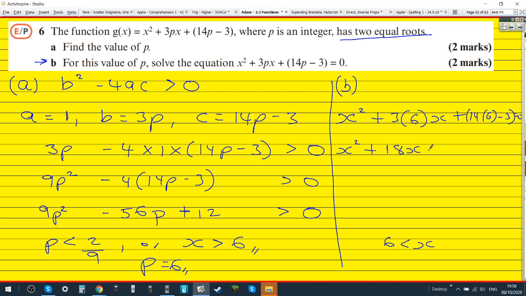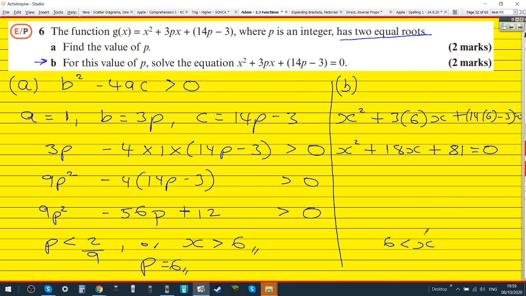So x squared plus 18 plus brackets 14 times 6 minus 3 equals 0. So you do 14 times 6, which would be 84, minus 3 is 81. So it'd be x squared plus 18 plus 81 equals 0. And then you do 81 add 18, which would be 99. So x squared. No. You can't make that any simpler.